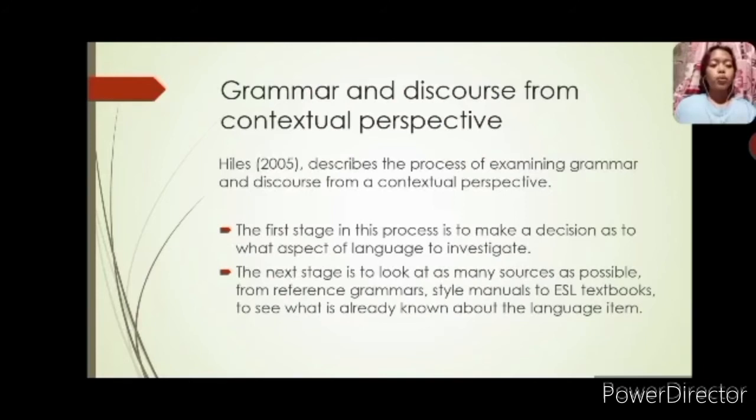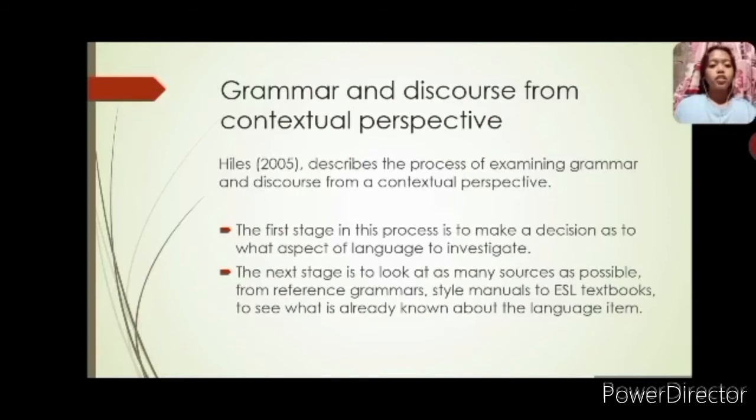As we all know, ESL books and native speakers are great sources to make a decision on what aspect of language to investigate. Now, ESL books may have different views presented, as well as the native speakers. They may have different views on the use of language items and how they should be used.